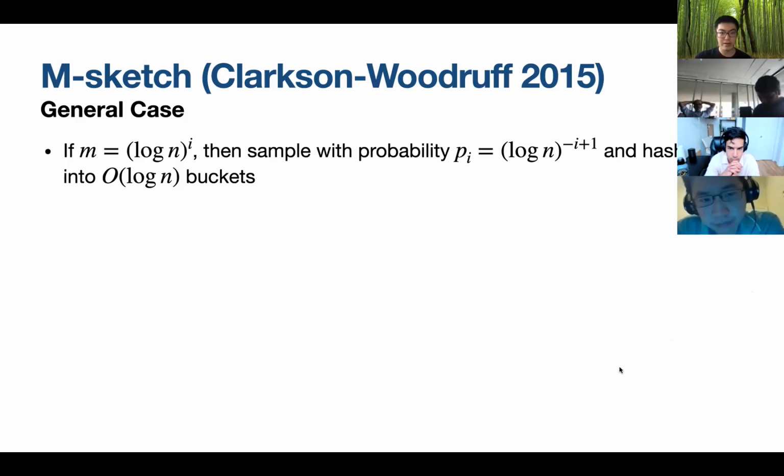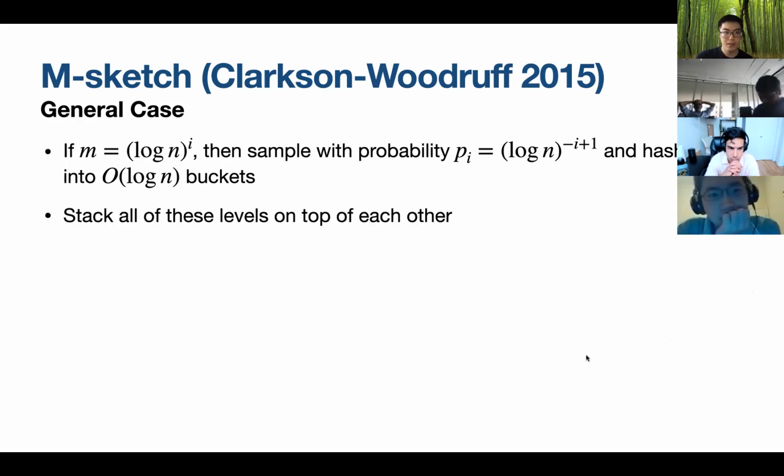So this is the general algorithm. Then I have to stack all of these levels on top of each other. So what you said about choosing the sampling rate to be 1 over m is essentially what we do, but we have to guess every single sampling level and then stack all of them up on each other. So that's the construction. Any questions?